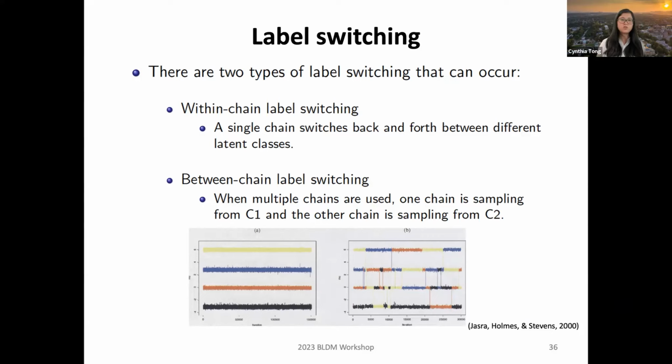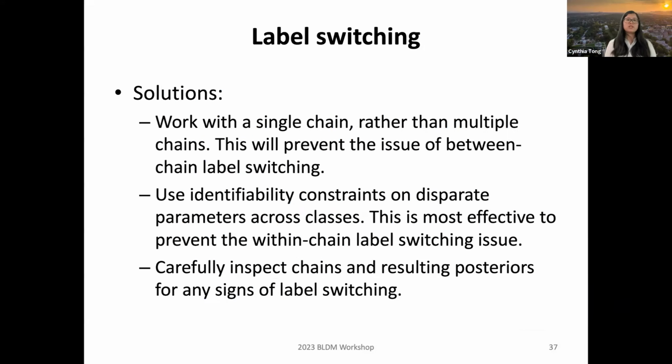When multiple chains are used, the values can jump from one chain to the other. Regarding those label switching issues, the solutions are not that hard. We can work with a single chain rather than multiple chains to prevent between-chain label switching. And within-chain label switching can be largely and effectively prevented by using identifiability constraints on the disparate parameters across classes.